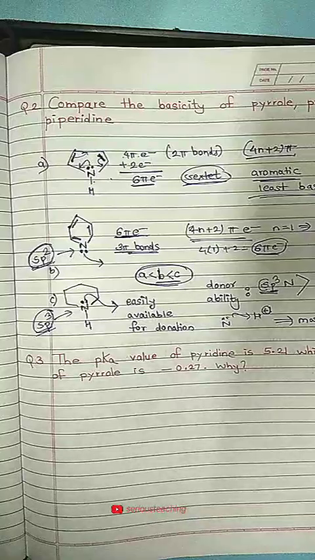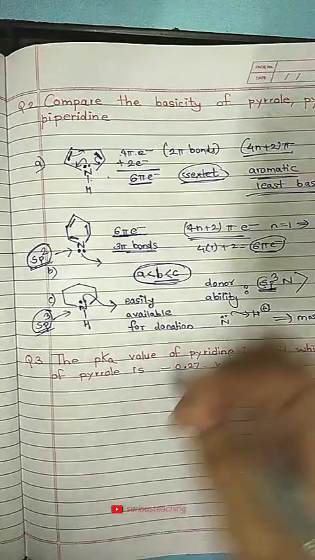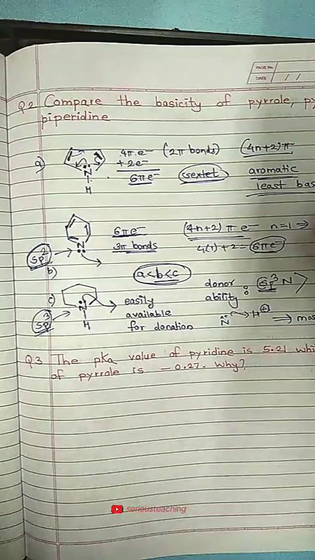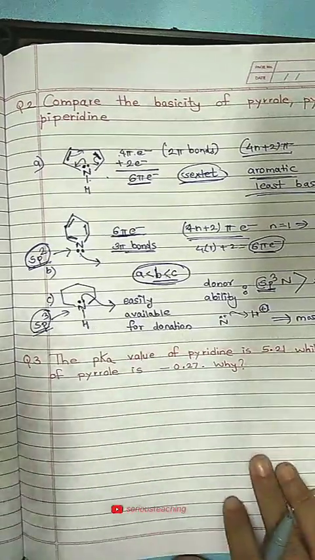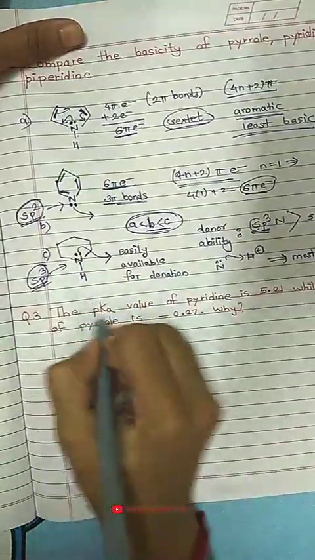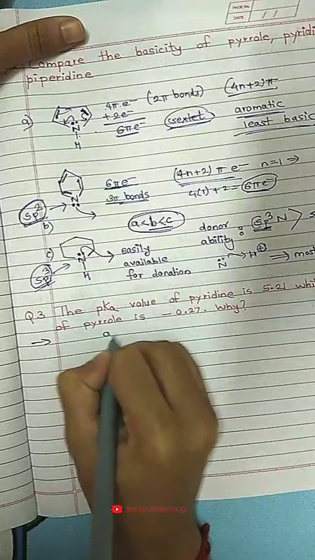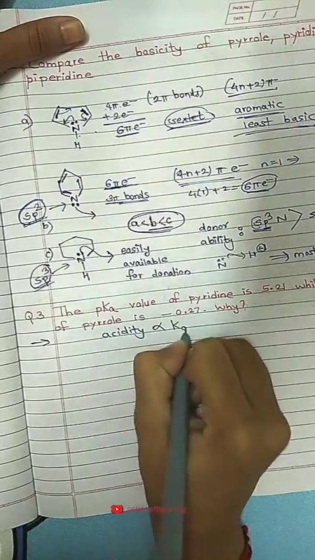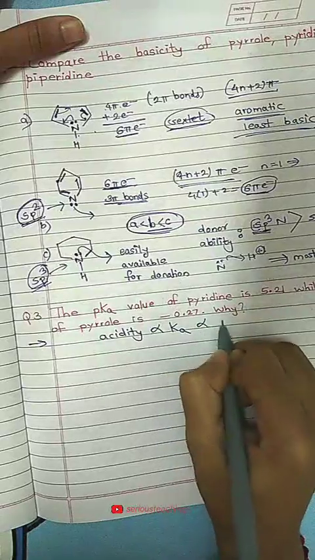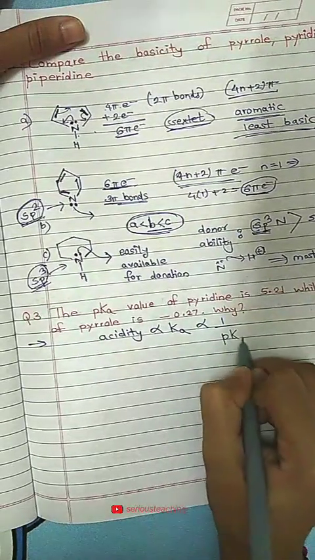So I hope you understood this question. The next question is similar to this concept, where the pKa values of pyridine and pyrrole are given and you are asked why. First of all, acidity is directly proportional to Ka value and inversely proportional to pKa value.